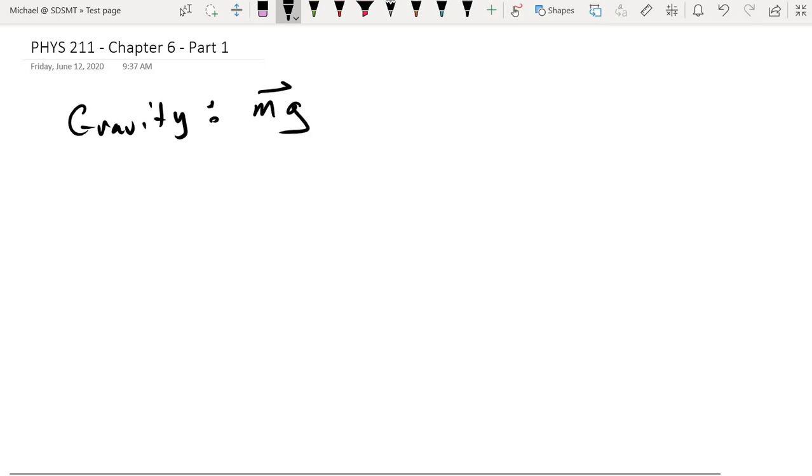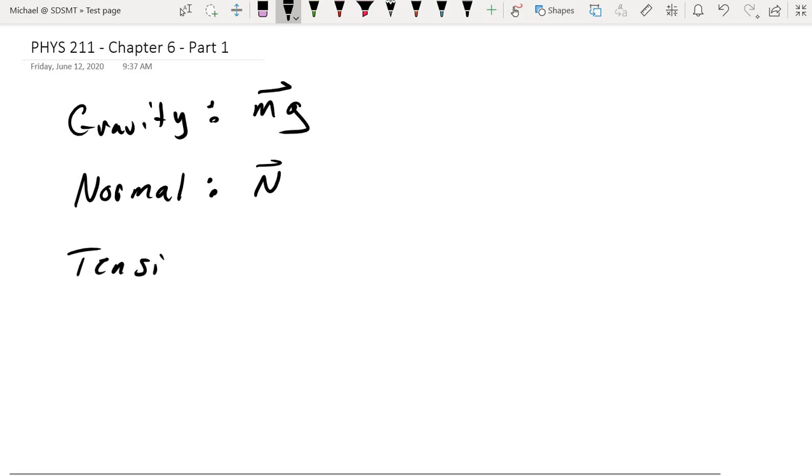So far we have our gravity force, which will just equal mg as long as we're on the surface of the Earth, and gravity always has to point down. We have the normal force, which always points normal to the surface of contact, and this means that the mass physically has to be in contact with some other surface.